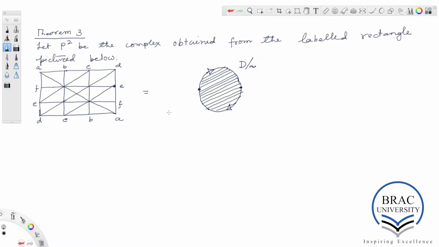So this is the figure corresponding to the real projective plane P2. Now we need to first see how we can get the real projective plane out of this two disc with the boundary as pictured in the figure on the right.